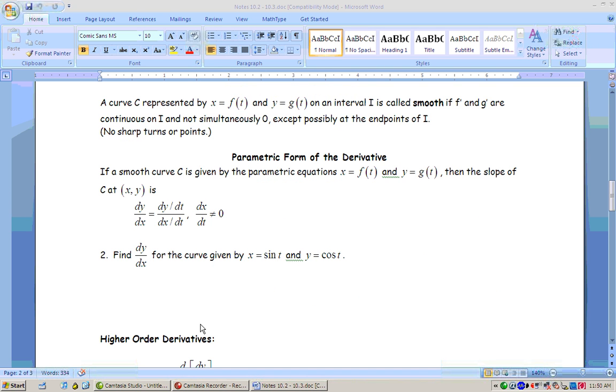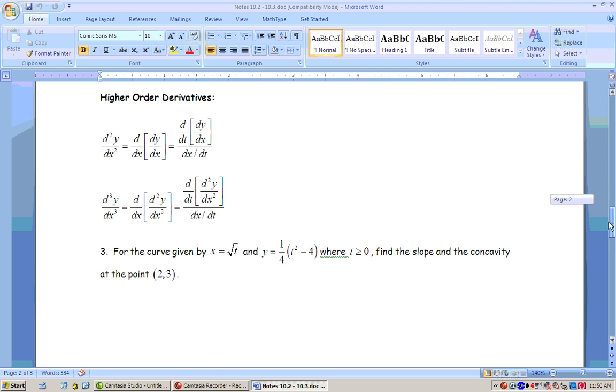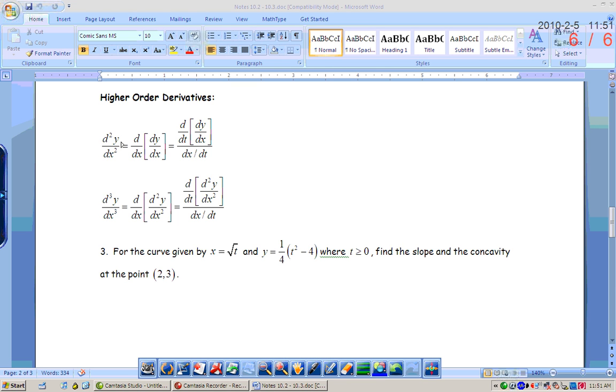Okay, now the higher order derivatives are just as easy, and what I mean by that are the second derivative, the third derivative, etc. But the formula is a little bit confusing. d squared y over dx squared means the second derivative. Well, the second derivative is the derivative of the first derivative.